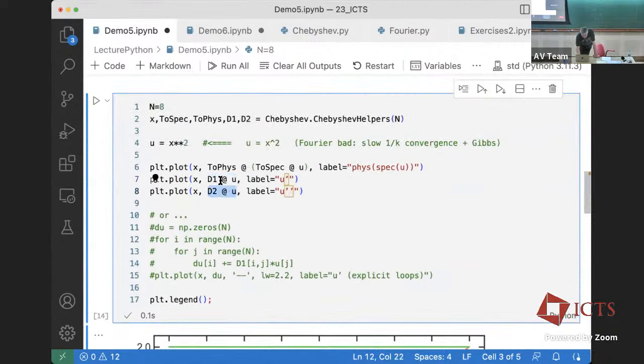And if you're not familiar with the compact NumPy notation, one could also do this the hard way. Initialize a new variable for the derivative, and now loop around to your heart's content to sum up this matrix multiplication by hand. And then we can plot this again.